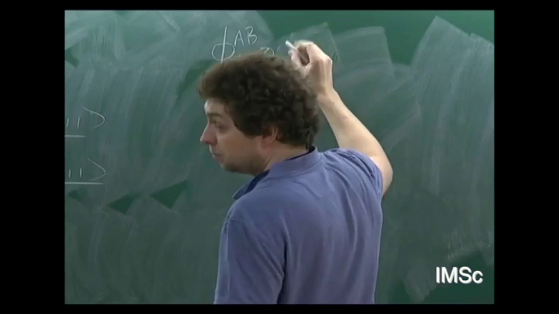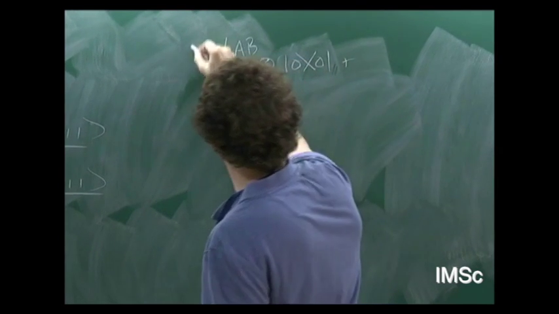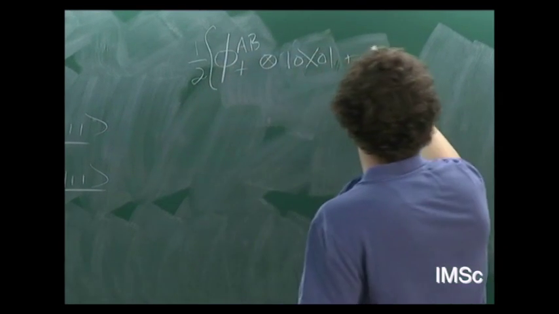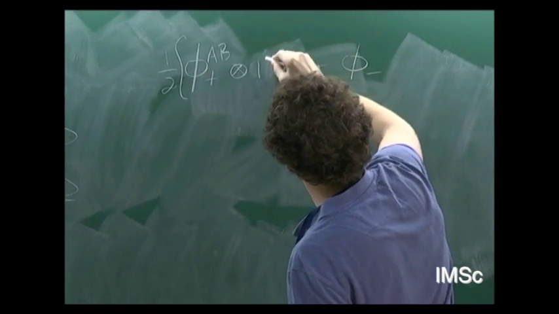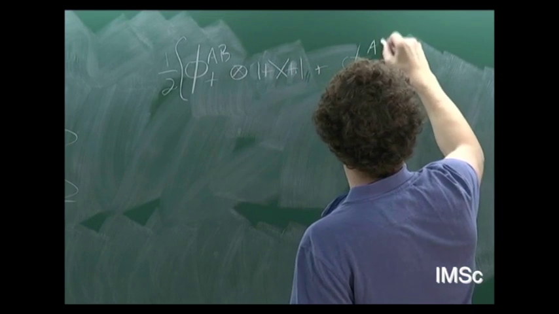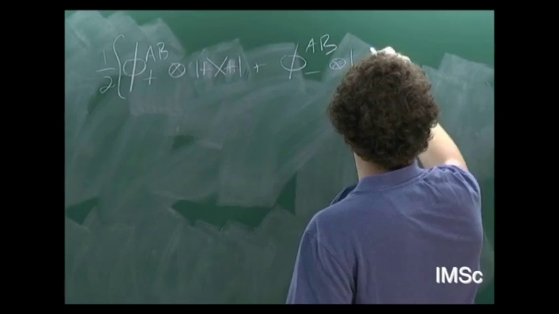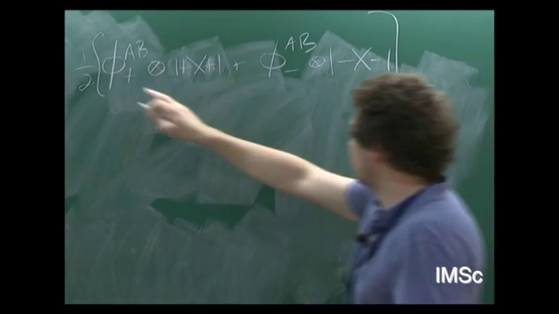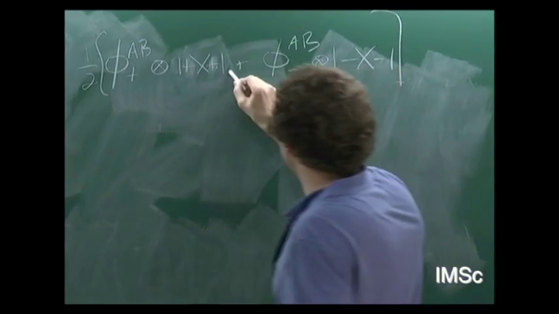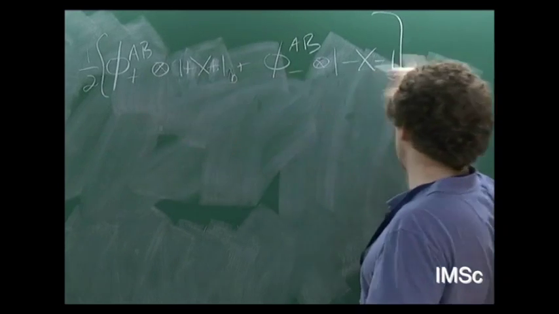Actually, let me write it like this first. I'm going to tell Bob, B, whether I have a phi plus or a phi minus. So I have a mixture of a phi plus and a phi minus between A and B, and then a little register B that holds plus when it's phi plus and minus when it's phi minus.